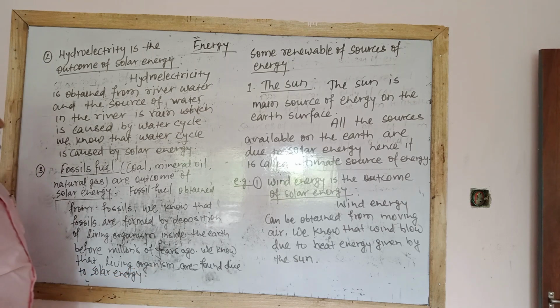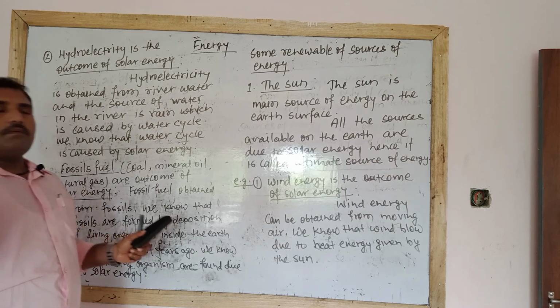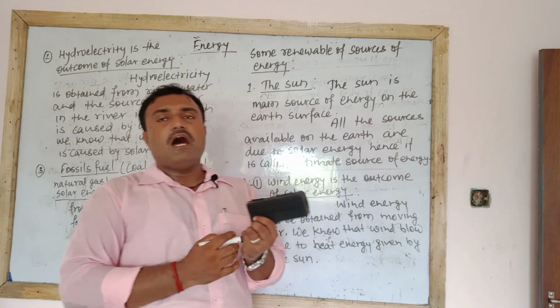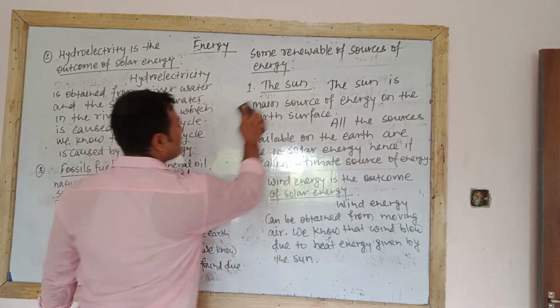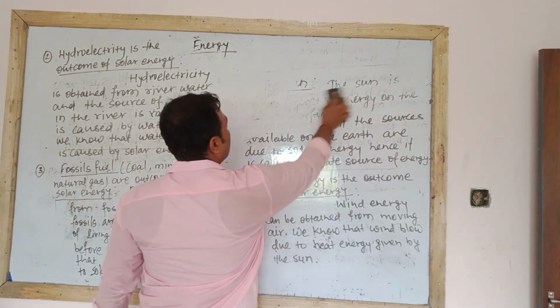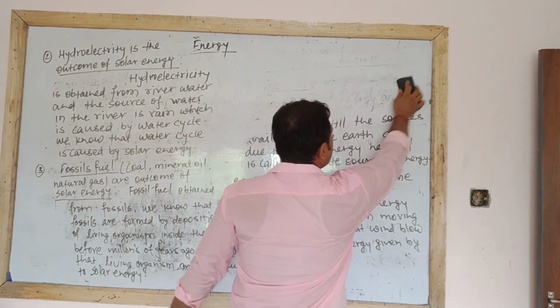It means what? All available sources on the earth's surface are outcome of solar energy or dependent directly or indirectly on the solar energy.